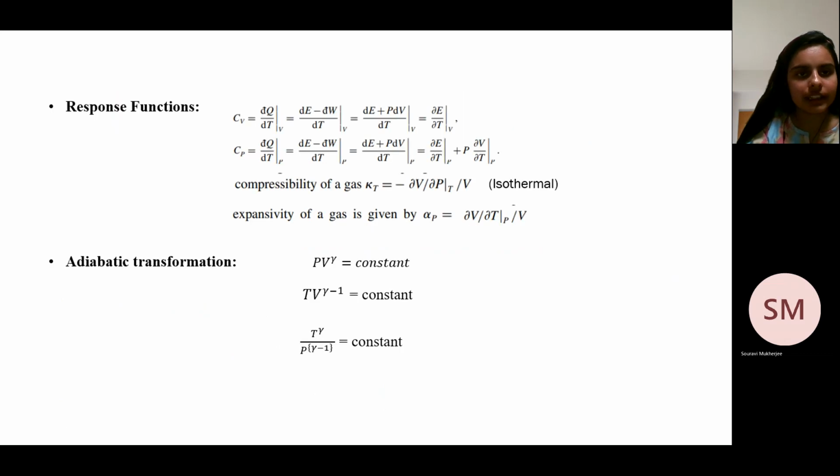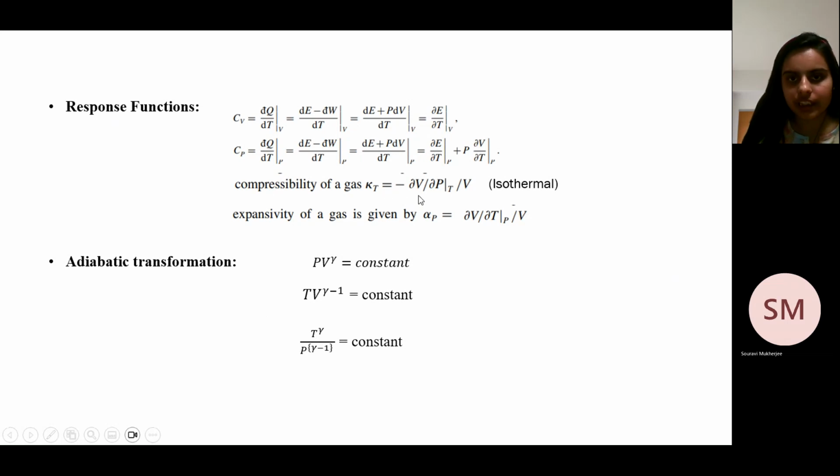Okay, and then we saw that if we have to define how a system responds to a certain value of pressure, certain value of temperature, certain generalized forces, how to define it? Okay. So we can define it in terms of the response functions. So these are the specific heat at constant volume and constant pressure. Okay. And from there, you can also define the compressibility or the expansivity of the gas.